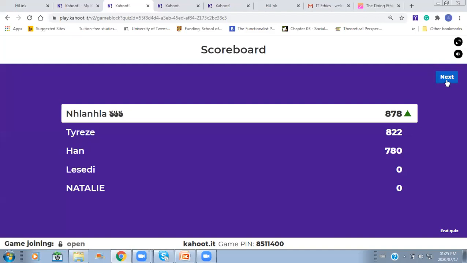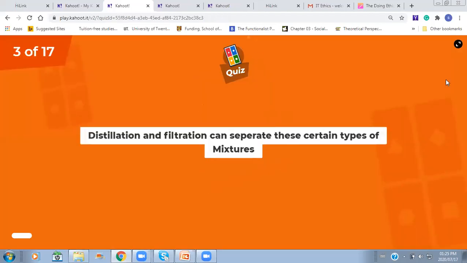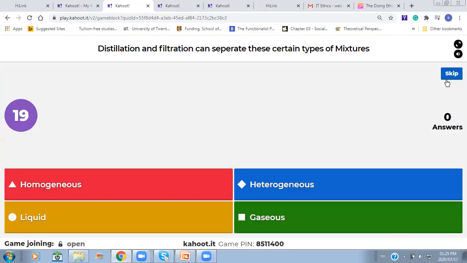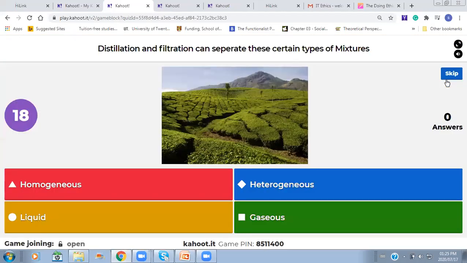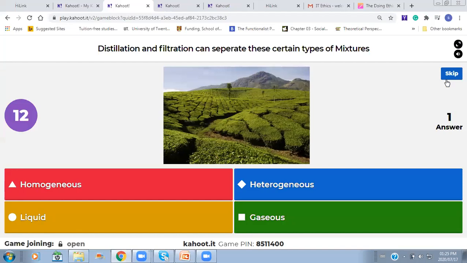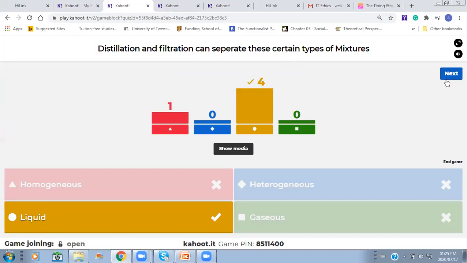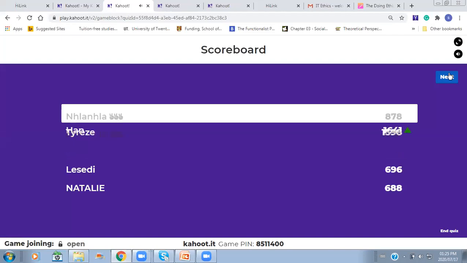The scoreboard is beginning to work out. Distillation and filtration can separate certain types of mixtures. All right, which is it? Liquid, yes. Han was the first person to answer, followed by Tyrus, Tlantla, Lesedi and Natali.